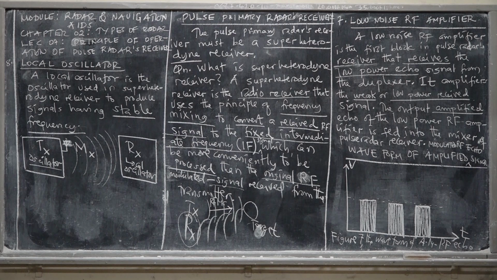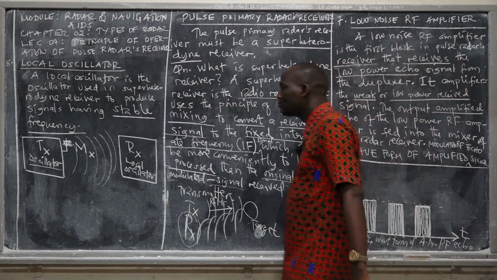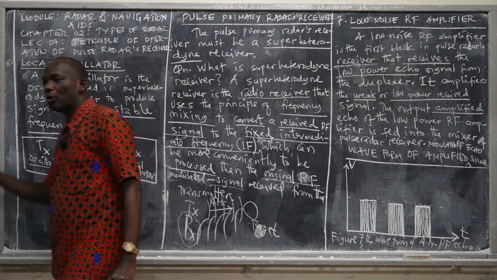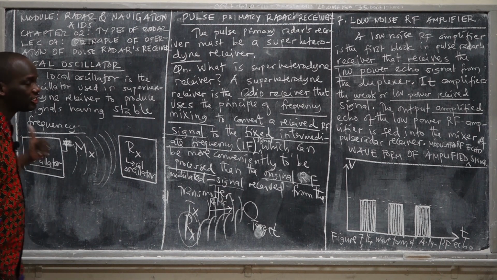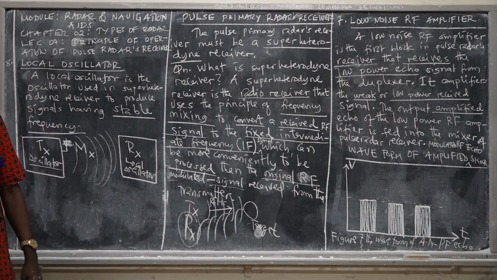Okay, let me repeat what I have said. We still have some other blocks. How many blocks do we still have? Five, right? The next block after the local oscillator and the low noise RF amplifier is the mixer.